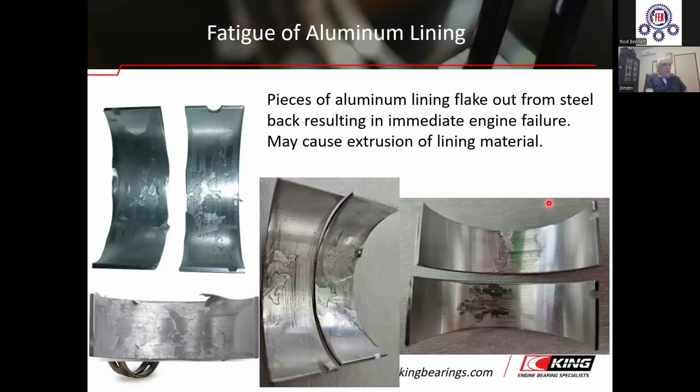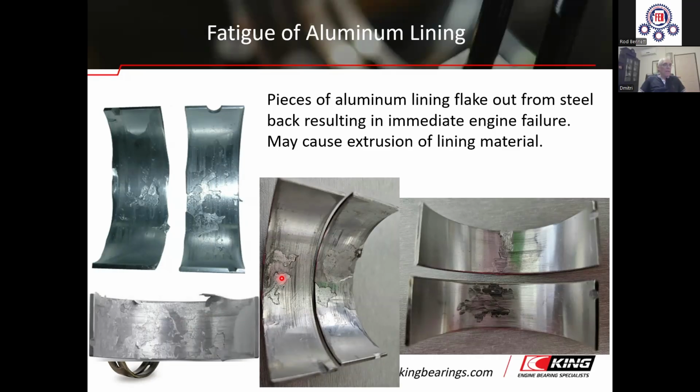In this slide, you see examples of fatigue failure of aluminum bimetal bearings. You can see that pieces of aluminum lining flake out from the steel back, resulting in immediate engine failure. You see also here and here and here the material missing, the fragments of the lining delaminated and gone.